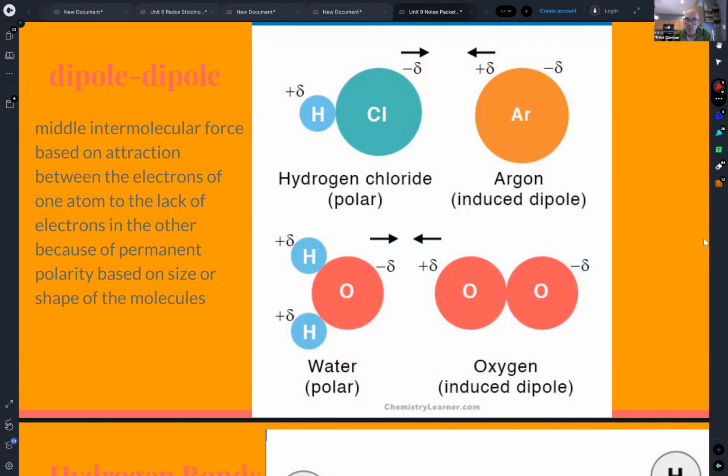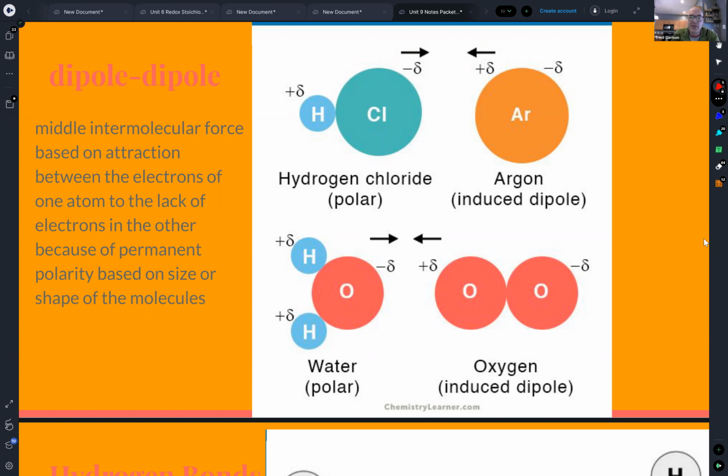Dipole-dipole happens to be based primarily on the shape of the molecules. So it can have some to do with size, but primarily the way we will see it displayed is that there is going to be a shape polarity.